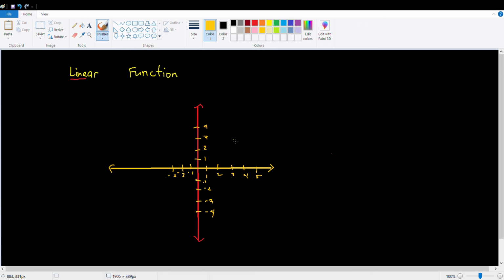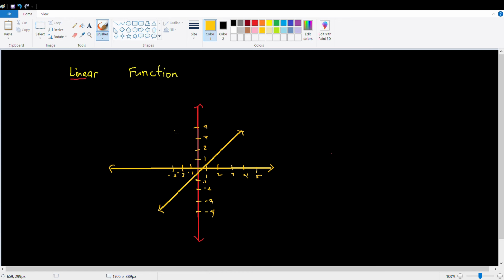Okay, so now if I draw a line here, it is hard for us to know what exactly the equation of this line is.